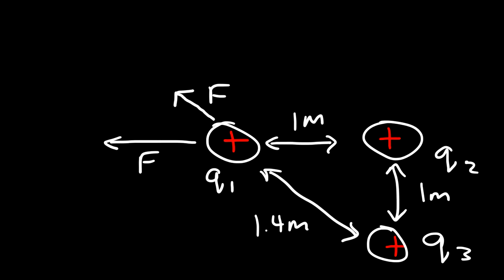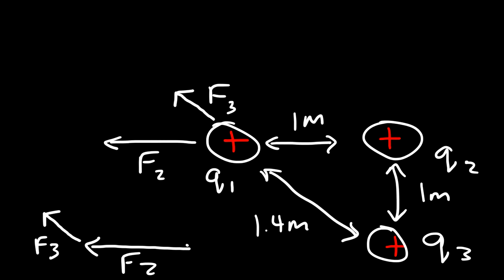One way to add vectors graphically is to draw them from head to tail. So if we draw the first vector, which is going to be longer, let's call this F2 because it was based on charge 2. We'll call this F3. And then the second vector, which is going in this general direction, but it's shorter.